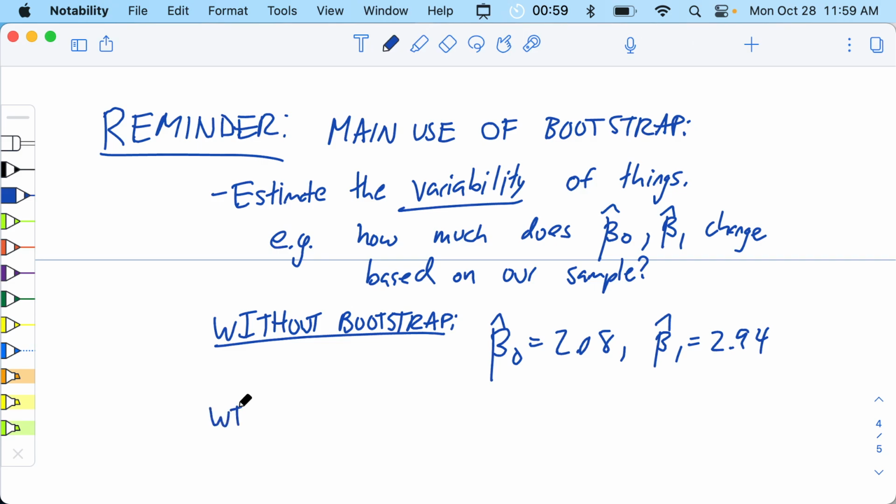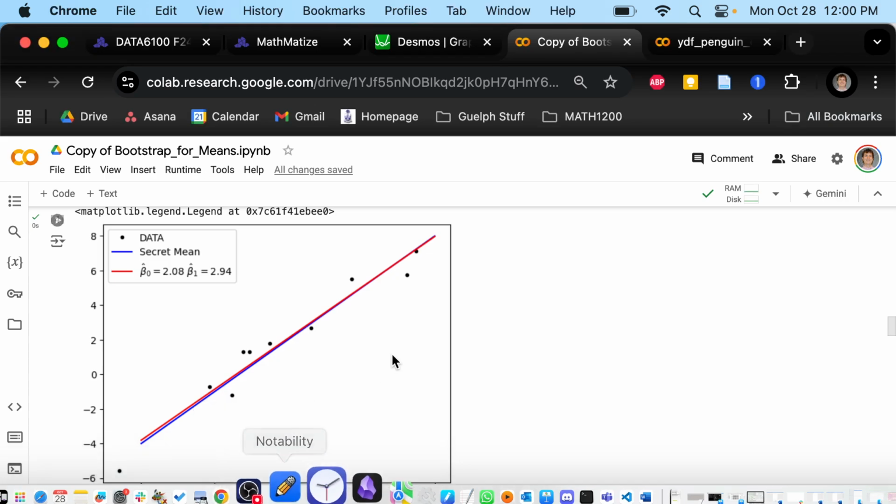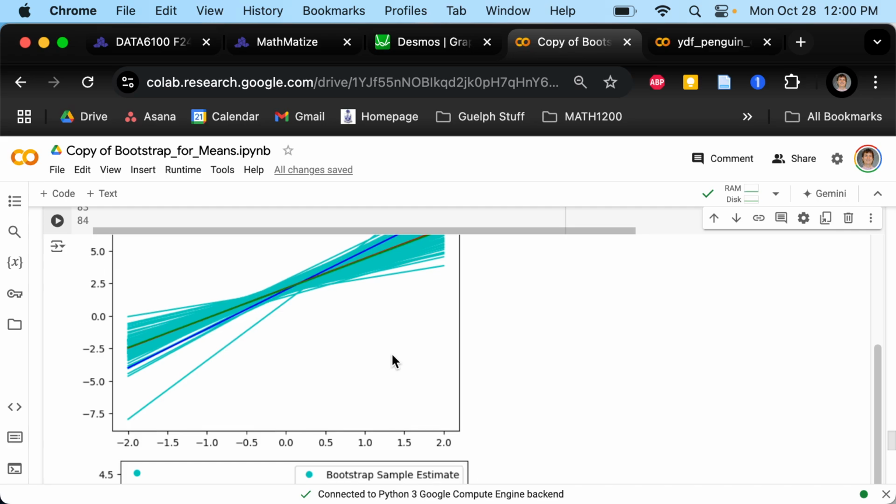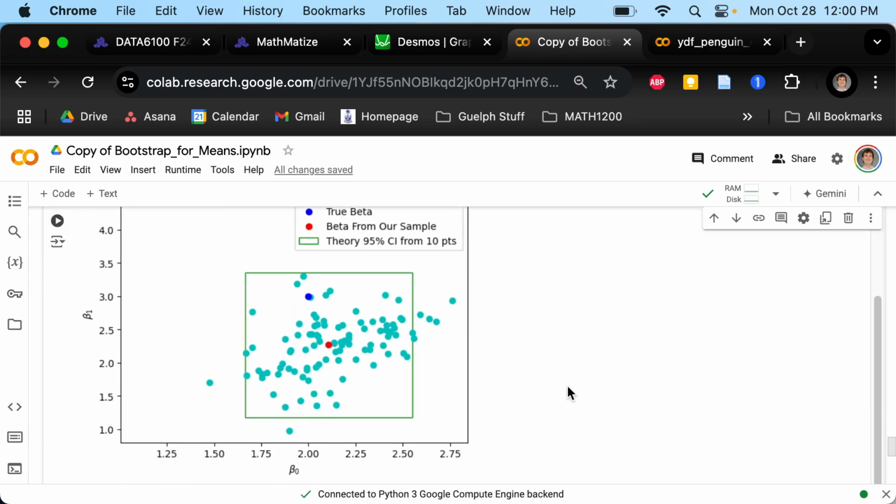And with the bootstrap, what can you do? You can improve, instead of just telling me 2 points, you can tell me the 2 points and how spread out they are. So with the bootstrap, we can compute this kind of picture over here, and we can say, look, I ran the bootstrap sample, and most of the time, it's between 1.75 and 2.5.